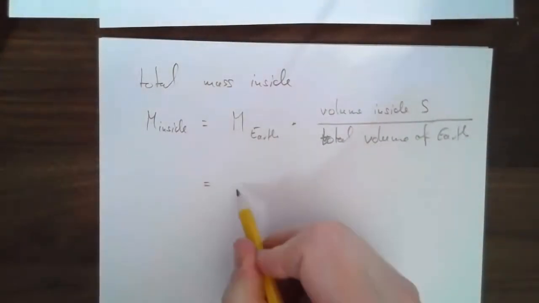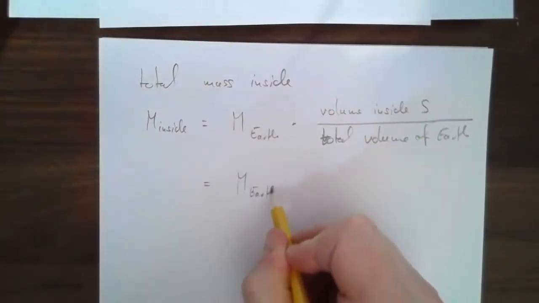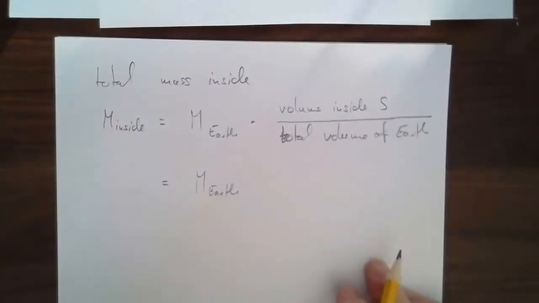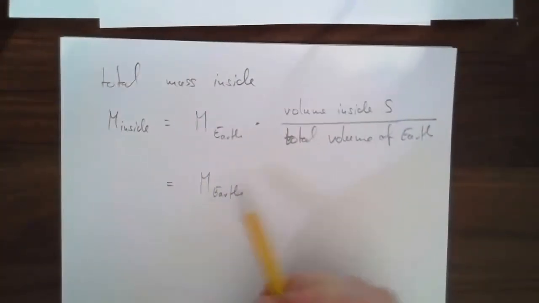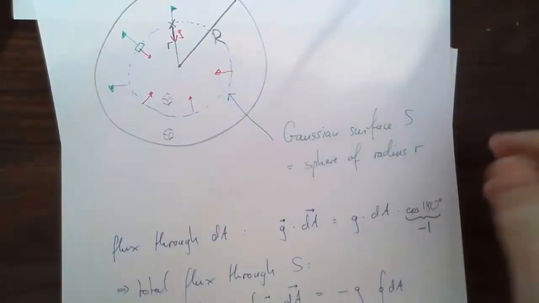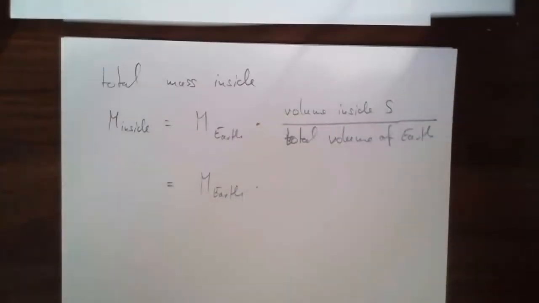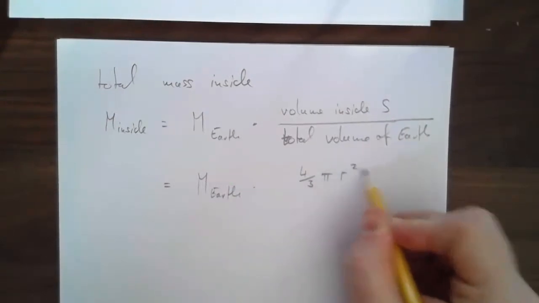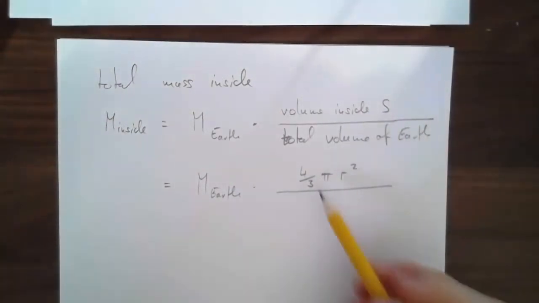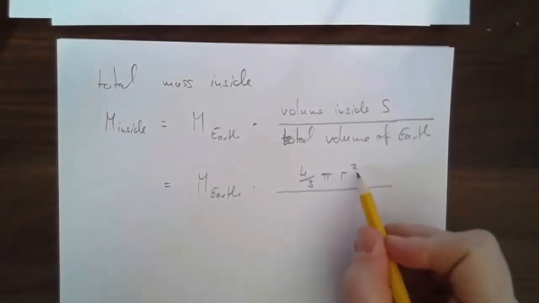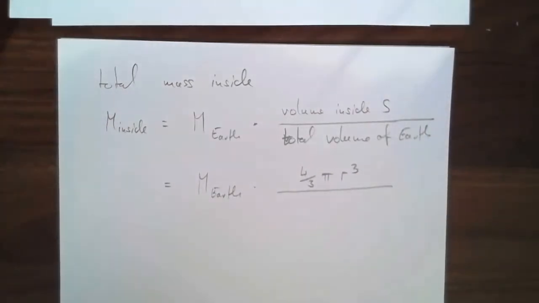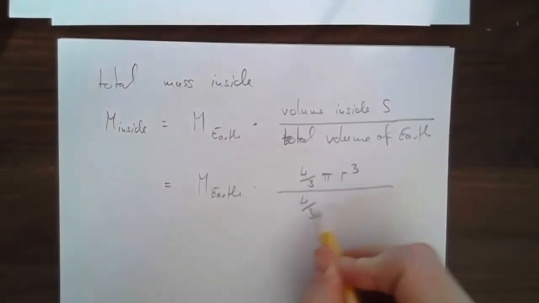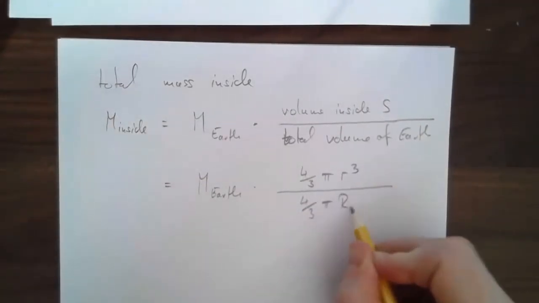Okay. So the mass of the Earth is what it is, something like 6 times 10 to the 24 kilograms. Exact value doesn't matter. The volume inside, well, what's the volume of the inner sphere? Well, a sphere has 4/3 pi r cubed. That is the volume of a sphere. So the inner sphere, the Gaussian sphere, has a volume 4/3 pi r cubed, whereas the Earth has a volume 4/3 pi times the radius of the Earth cubed.